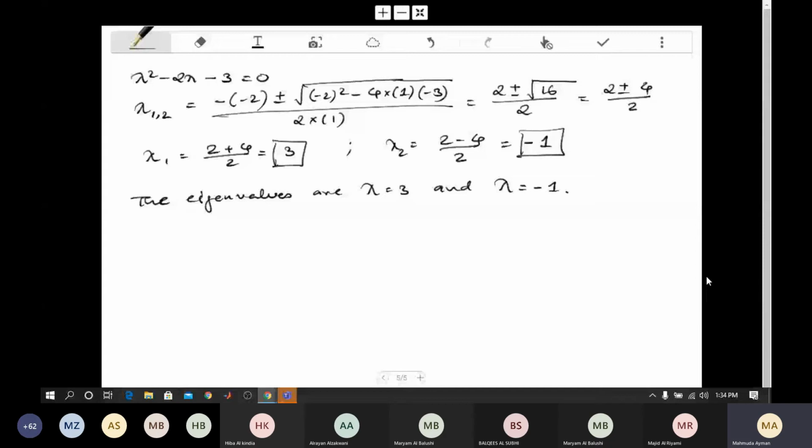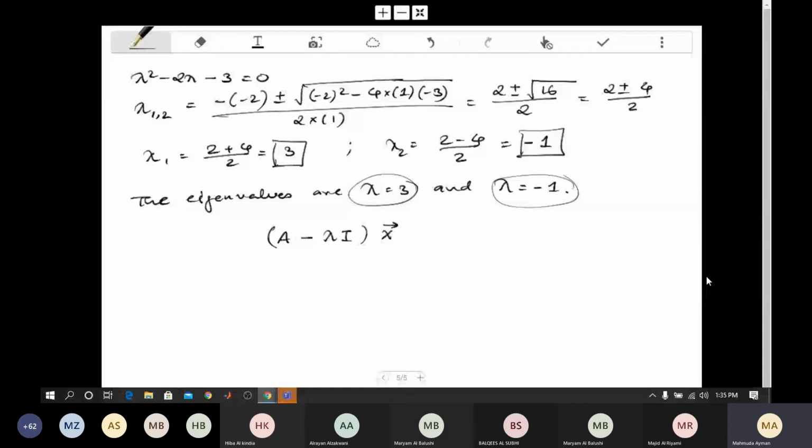Okay, so now we can solve for the eigenvectors, but know that for each eigenvalue here, we have a different eigenvector. So for each one, we have to find the eigenvector separately. Now, for finding the eigenvectors, we have to use the characteristic equation, which is (A minus lambda I) times vector x.